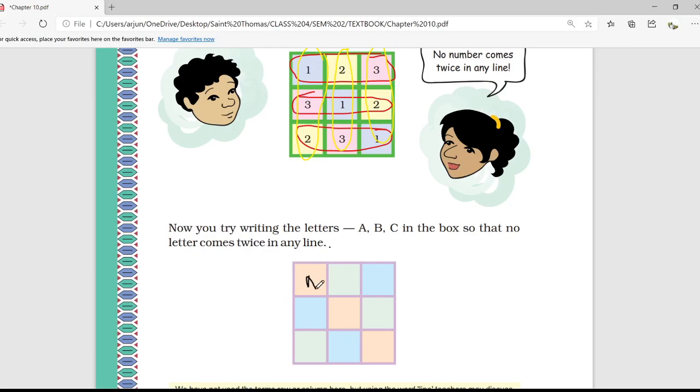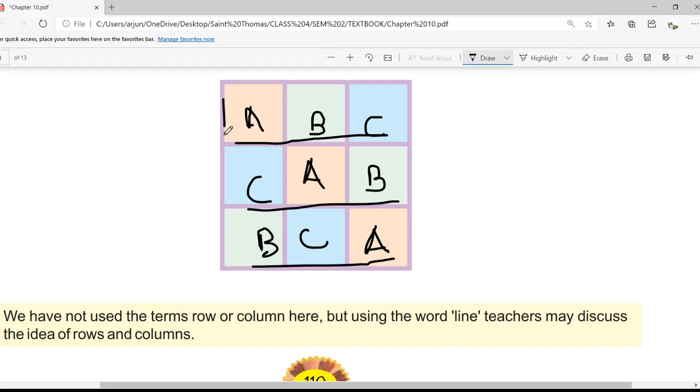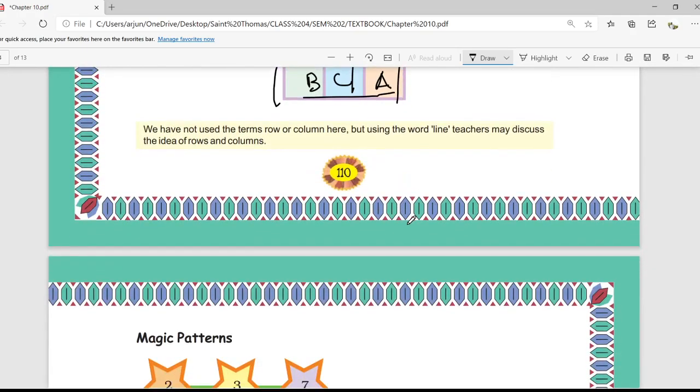We can write over here A, here also A, here also A, then B, B and B, and left over C, C and C. So now you can see ABC, CAB and BCA. No letter is repeating, right? ACB, BAC, CBA. No letter is repeating. So this is how a pattern is formed.